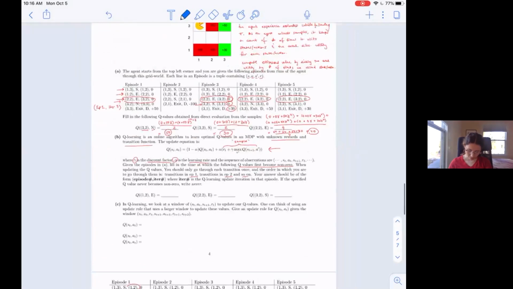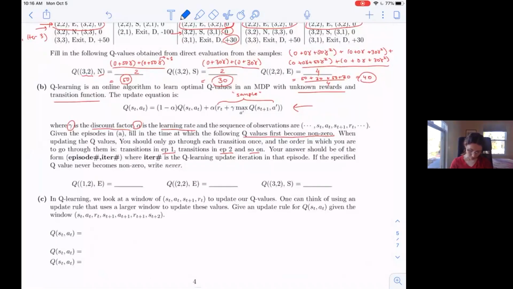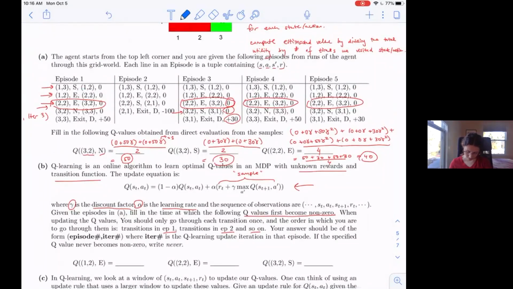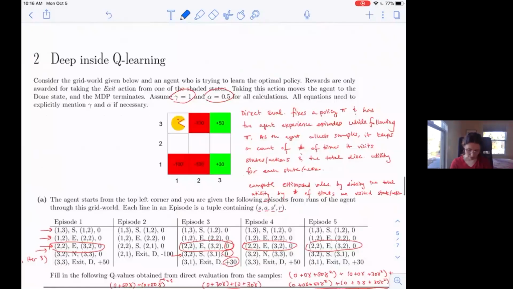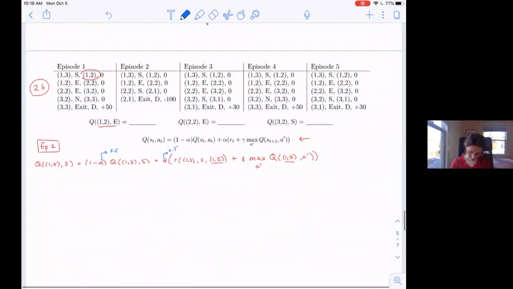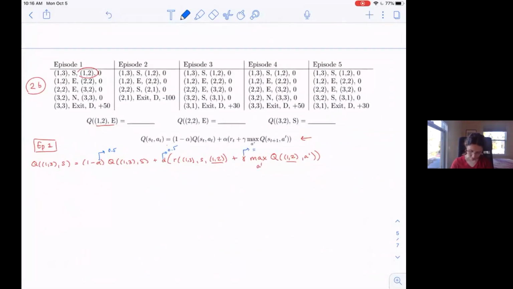We also know that gamma equals 1. So this means that here, this is always going to equal 1. What else do we know? Well, we know what the reward of being in state 13, taking the south action and ending up in 12 is, because that's what our sample here tells us. It tells us we're going to get 0 reward.